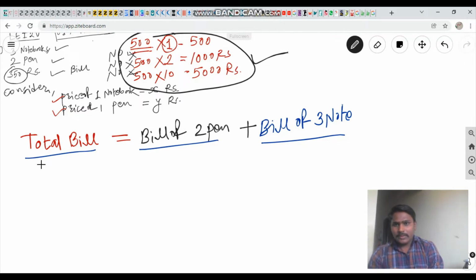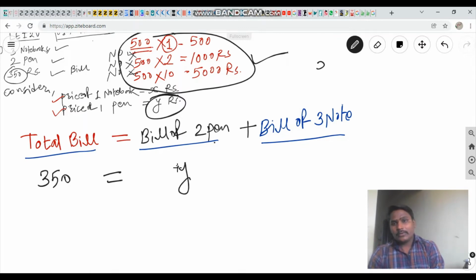So here the total bill paid by Rahul was 350 rupees, okay, and then the bill of 2 pens. One pen is for x rupees, here, sorry, one pen is for y rupees, as given here. We had considered that one pen is for y rupees. So if one pen is bought for y rupees, and the number of pens we are buying is 2, then 2 into y, plus the bill of 3 notebooks.